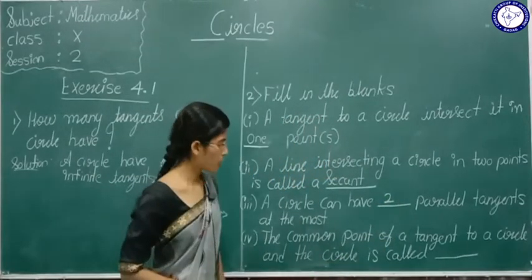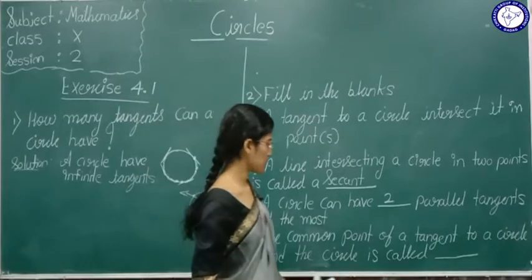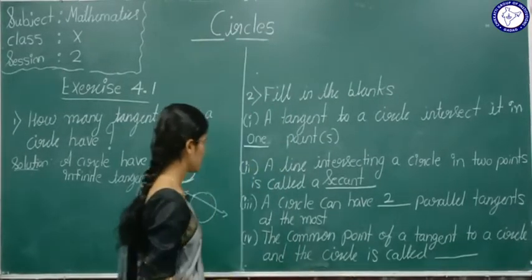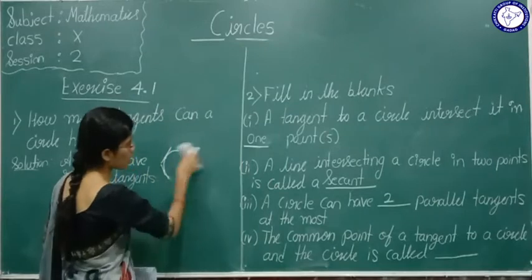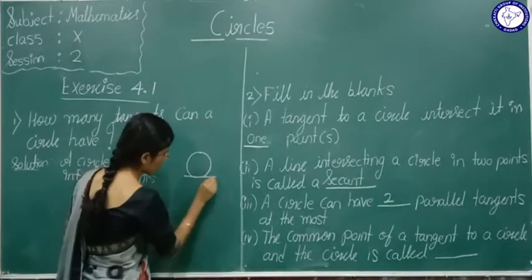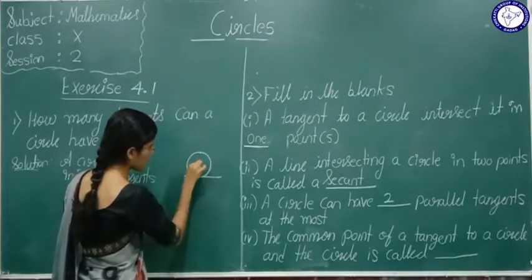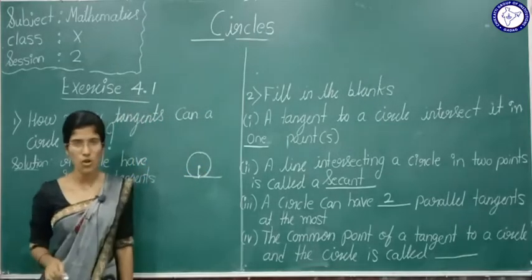The common point of a tangent to a circle and the circle is called what? See the common point of a tangent to a circle and the circle.